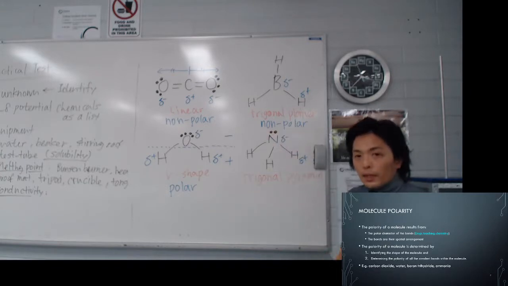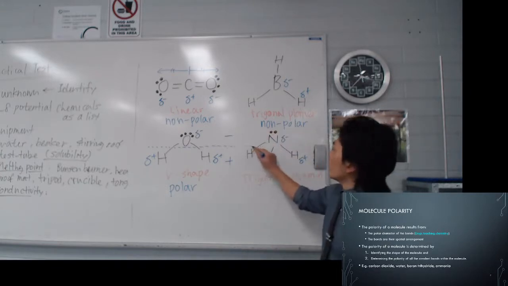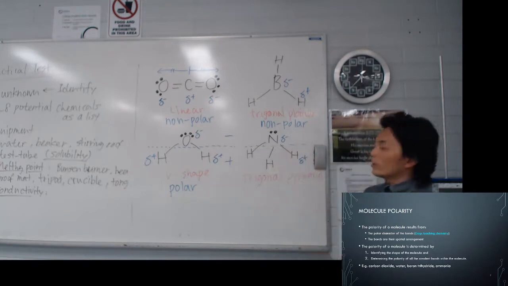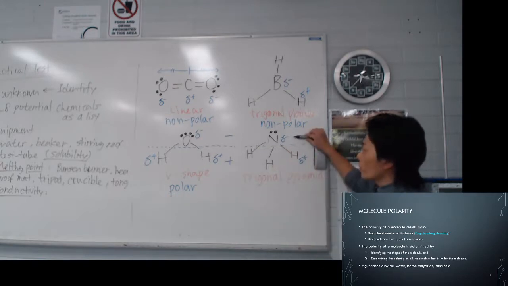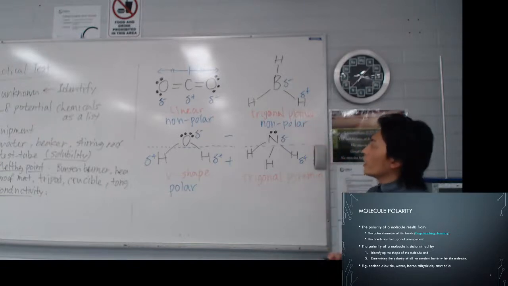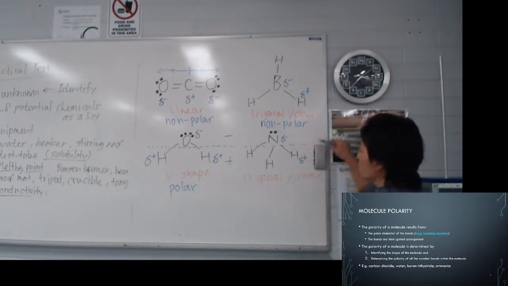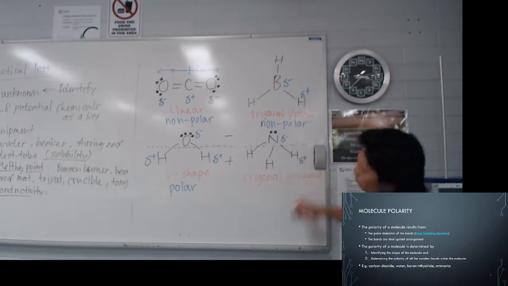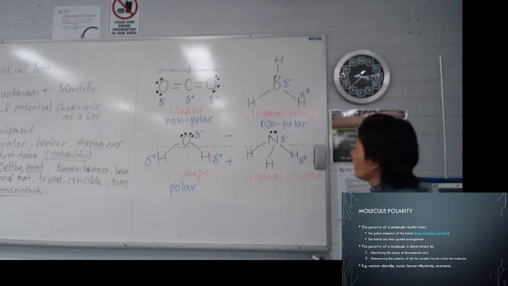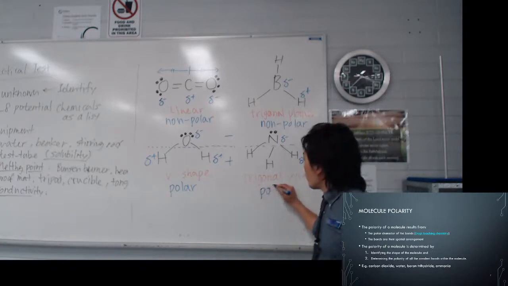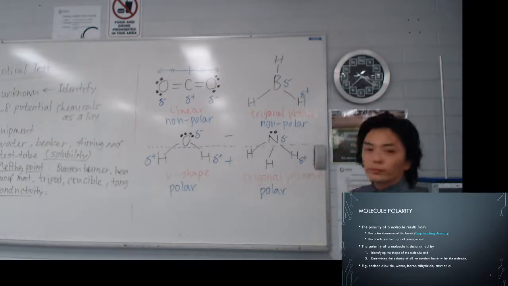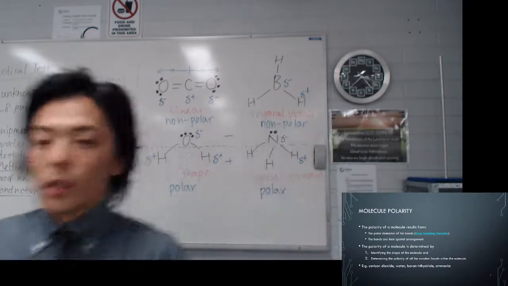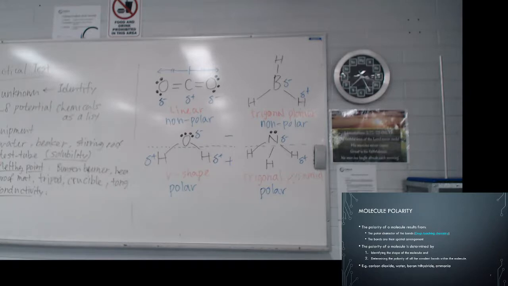Is there any imbalance overall? I can see the overall charge difference. So the top half, the nitrogen side, because of that lone pair as well, is going to be more electronegative, so that's overall negative. And the bottom half, the hydrogen legs, would be more positive. Therefore, this is polar. Okay? So that's how we look at them.